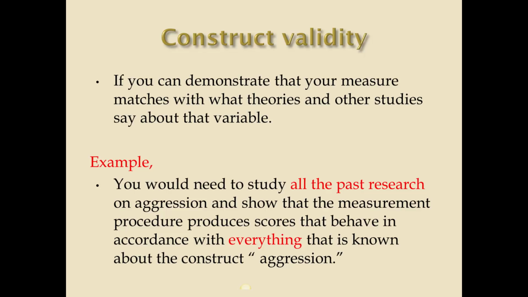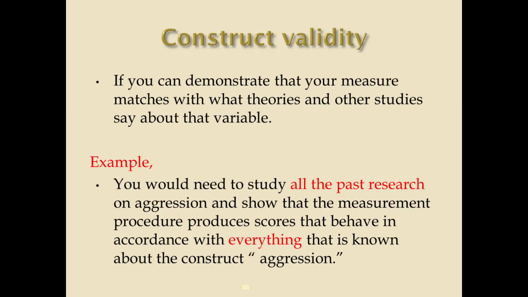And because it's hard, a lot of people don't do it. For example, you have made a test to measure students' aggressive behavior, or their aggression, and you want to see if this test has construct validity.